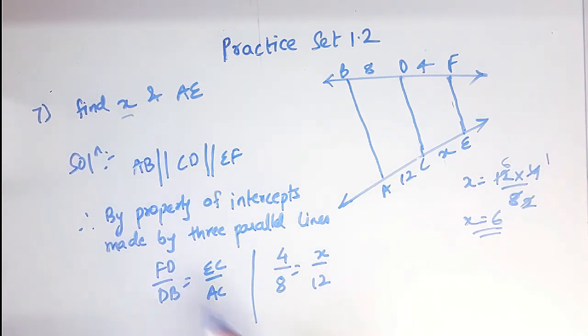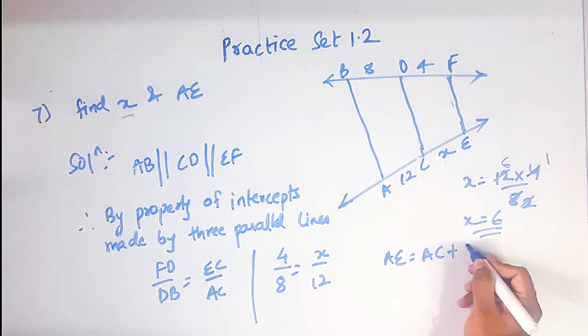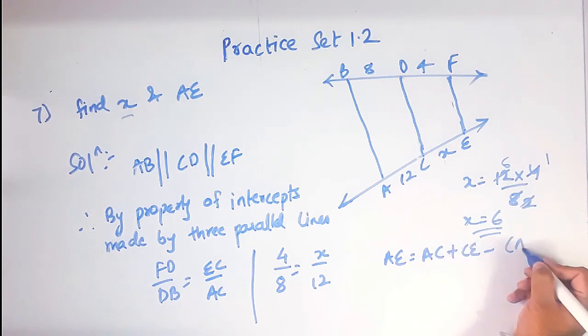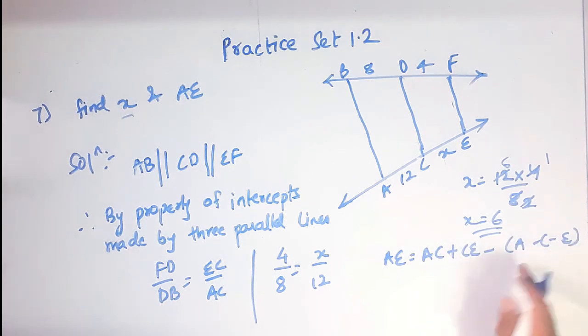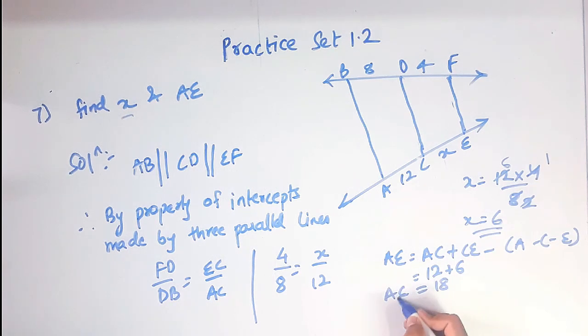So we got one X. Now we have to find AE. It is very simple. AE is equal to AC plus CE. Why? Because they are collinear, A, C, E. So it is 12 plus 6. What is 12 plus 6? AE is 18.